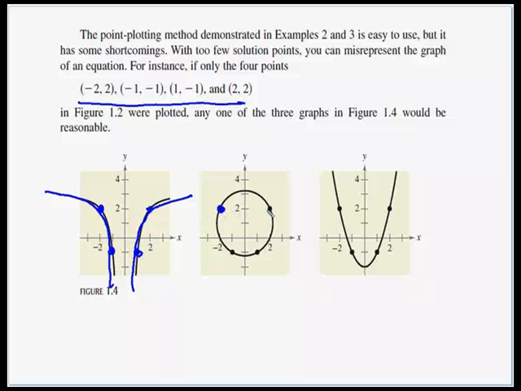Another student might look at those exact same 4 points and think, oh, that's a circle centered at 2 on the y-axis. And a different student might look at those same 4 points and say, oh, that's a parabolic curve opening up. So, it does have its shortcomings. The more points, the better. Or if you have a good understanding of what the basic shape of a graph is, that helps to connect the points in between the points that you actually plot, that you graph.